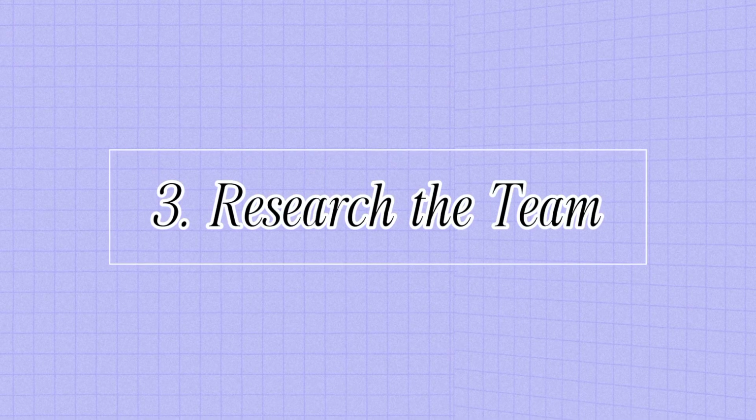Number three is to research about the team. This one is a big one. Who are those behind the project, right? Who is the founder? Who is the co-founder of the project? Who are the advisors? Who is the developer? Okay, number one, they must be people that are out there. If you want one way to quickly notice or identify a scam project, right, is you see that they don't show their face.